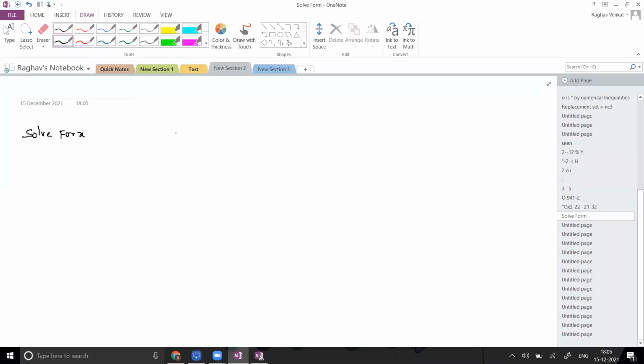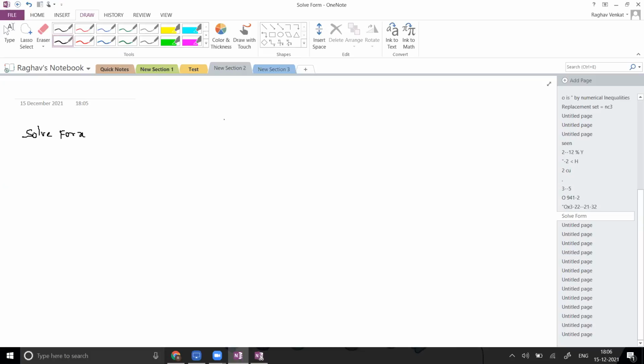Sometimes you will get a null set also. If I am getting x less than or equal to minus 3, where x belongs to natural numbers, then the solution set is a null set. The possible values are less than or equal to minus 3, and there is no natural number there, so the final answer is the null set. There are no possible values which satisfy the inequality for the given condition. If I am not mentioning anything, then from minus 3, all the values till negative infinity are possible.